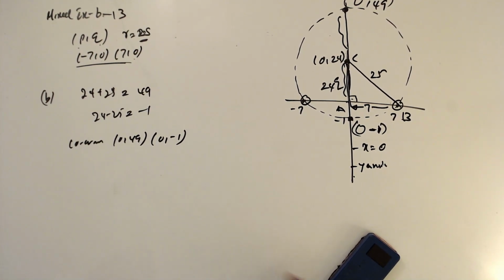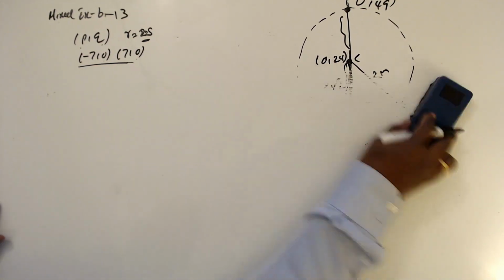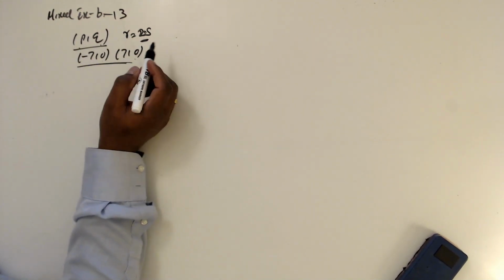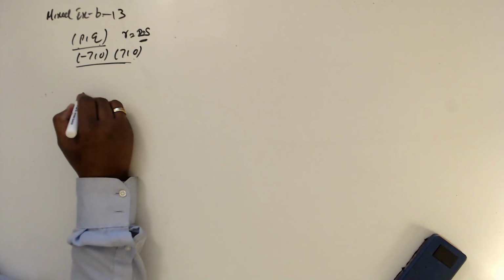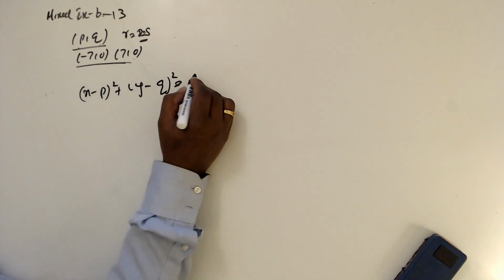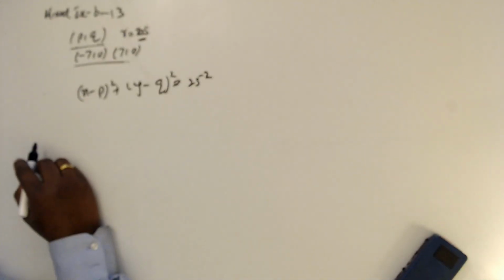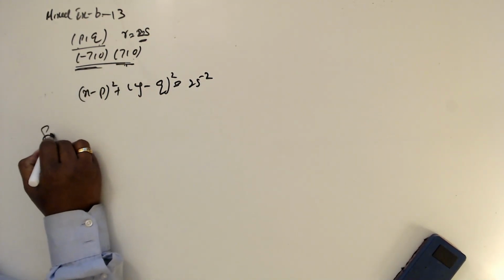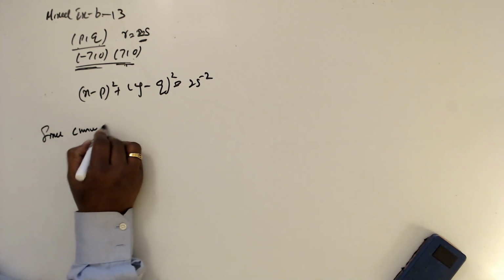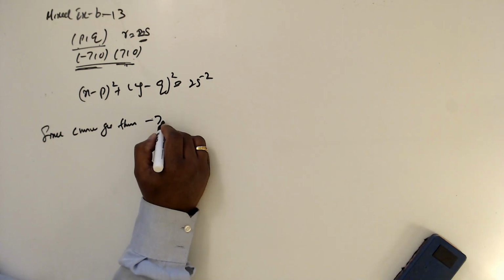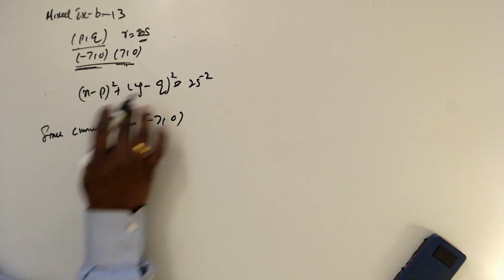I'll work this sum differently. So the center is PQ, and the radius is given. So (x minus p) squared plus (y minus q) squared equals r, which means 25 squared. Now we know this is going through minus 7, 0. Since the curve goes through minus 7, 0, it should satisfy this one.